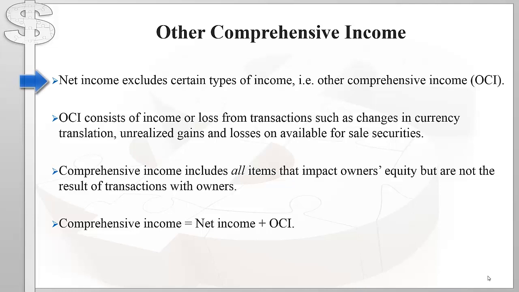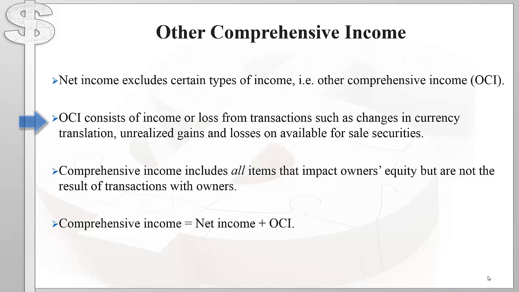Now, it is important to note that not all types of income are included in net income reported on the income statement. Net income excludes other comprehensive income, or OCI. OCI is the income from transactions such as changes in currency translation.